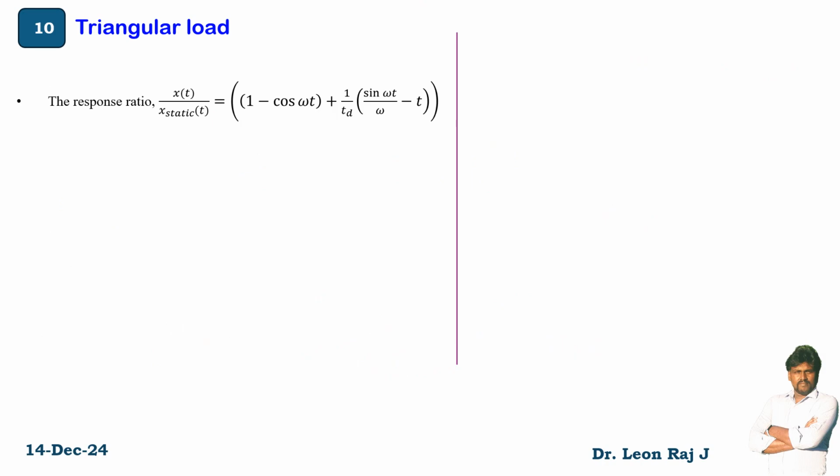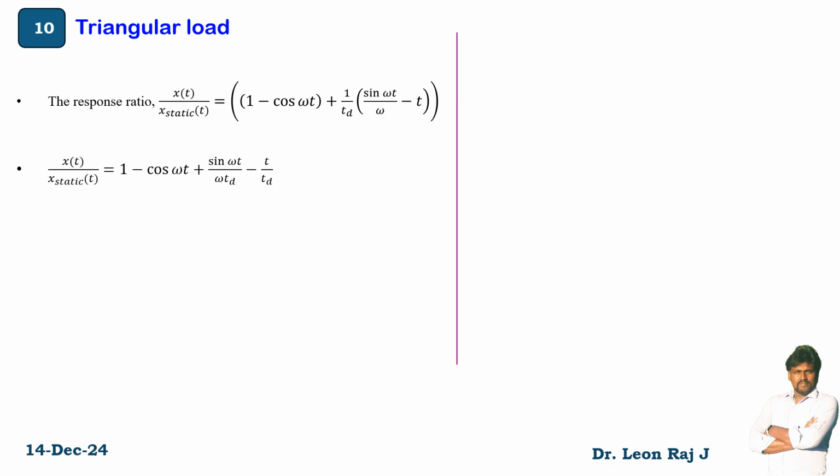So your response ratio is nothing but 1 minus cos omega t. Here f0 by k gets cancelled. So you got this term: 1 minus cos omega t plus 1 by td (sin omega t divided by omega minus t).